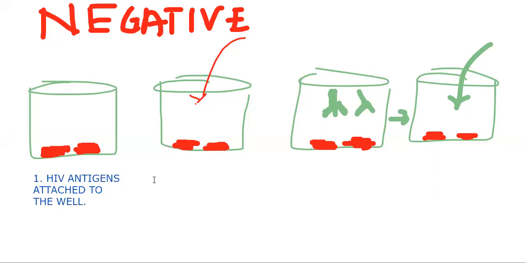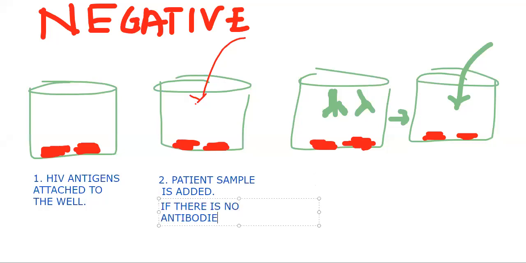Number two, the patient sample is added. What we are detecting in the patient sample is serum containing antibodies. If there are no antibodies, they won't bind, isn't it? If they are present, they will bind. If there is no antibody, they won't bind.